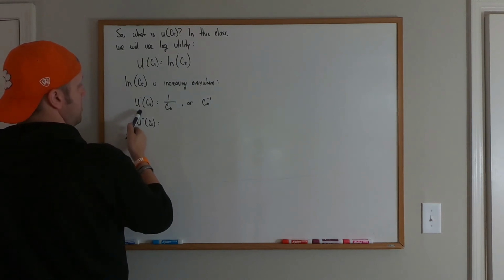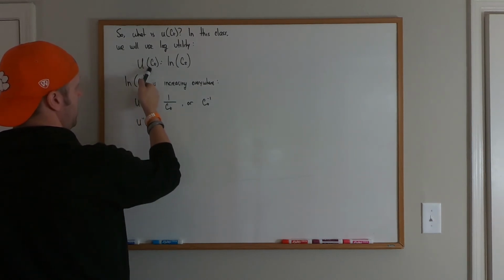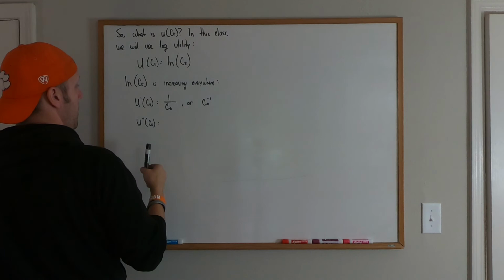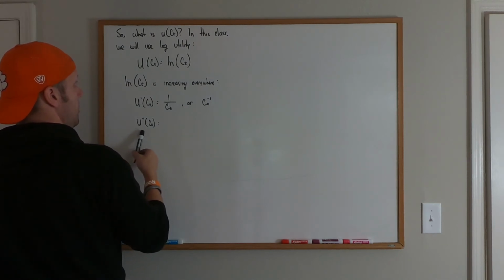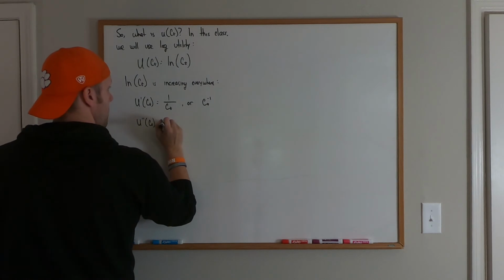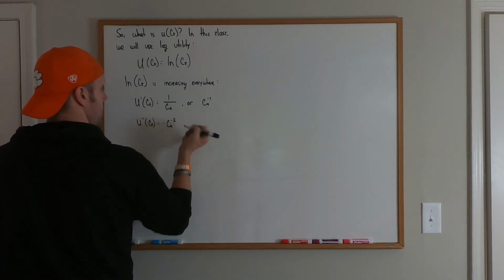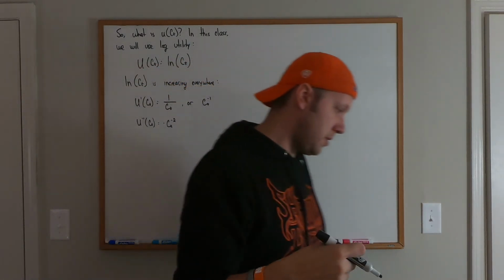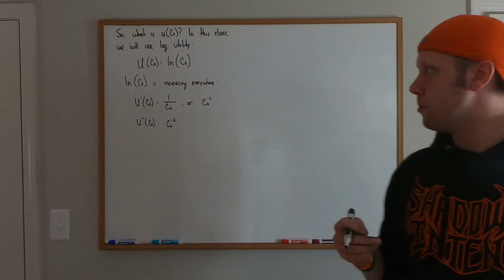Well, marginal utility is the slope of total utility. Second derivative of utility tells me the slope of marginal utility. Well, it's negative CT to the -2.